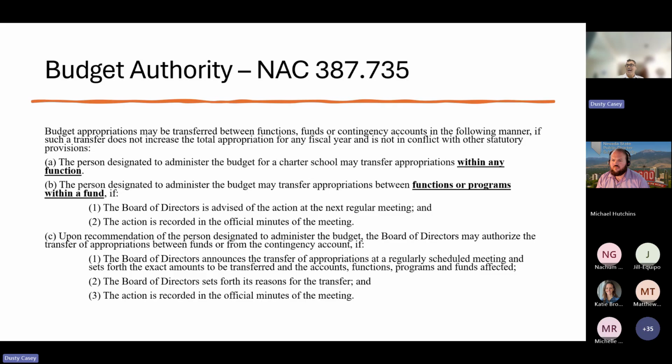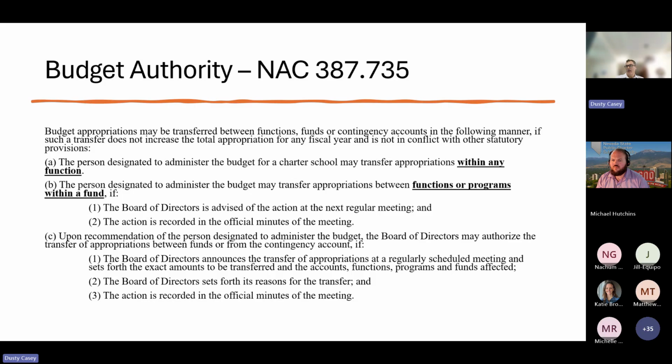School leaders have the ability themselves, and if we have any school leaders on this call, I don't know if we do, a school leader can move money between functions within any program. They have the authority to do that per NAC, unless your board has set up financial policies that say no, you can't move even between functions. However, according to NAC, and these are really minimum authorization requirements, if your board puts stricter rules in, they can obviously do that.